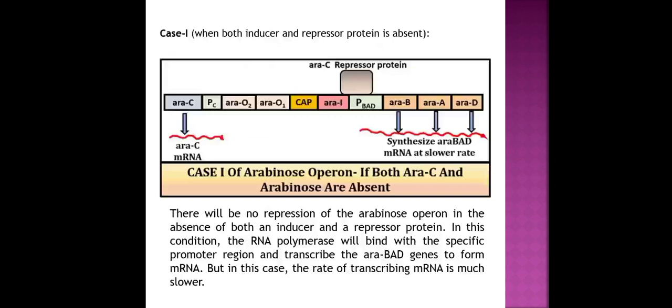No doubt as the repressor protein is absent, there can be the expression of the structural genes, but as the inducer is absent, there is no activation of the structural genes.